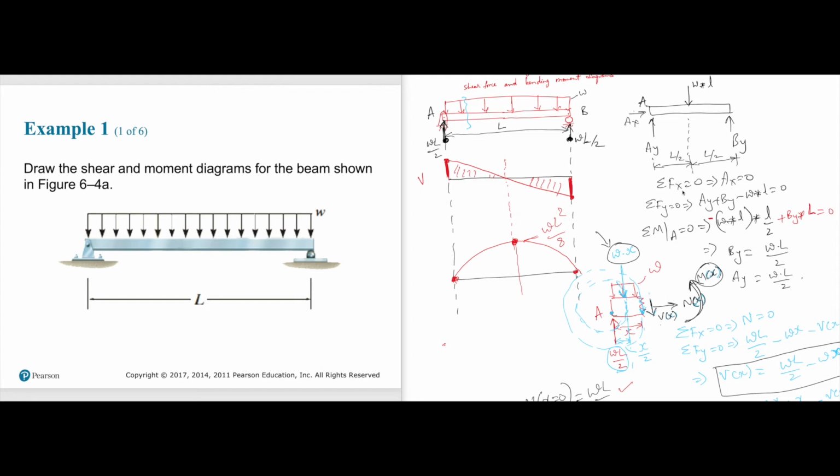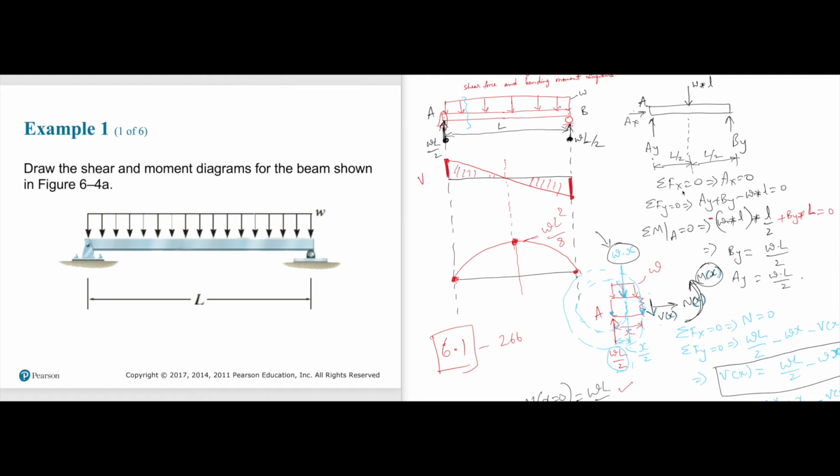Now this is example 6.1 in the textbook, on page 266, only thing is that they have numbers in place of W and L. So I gave you a generic equation.